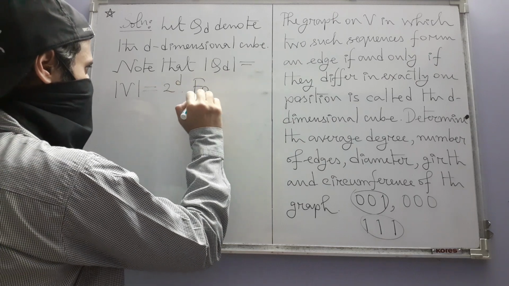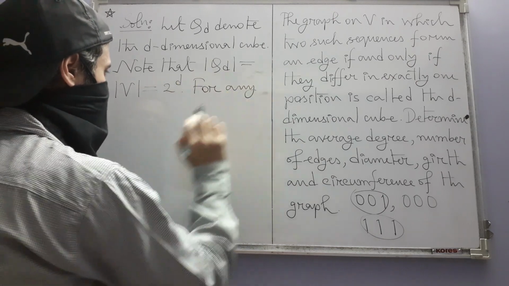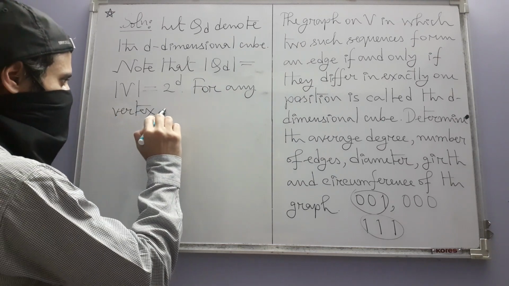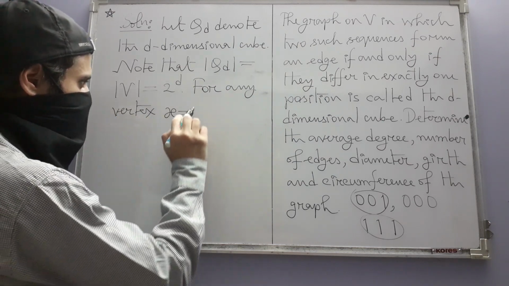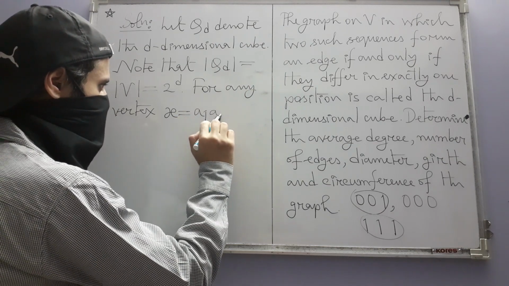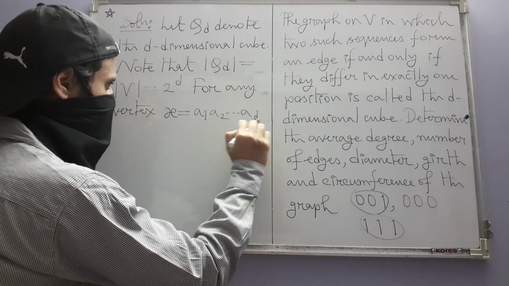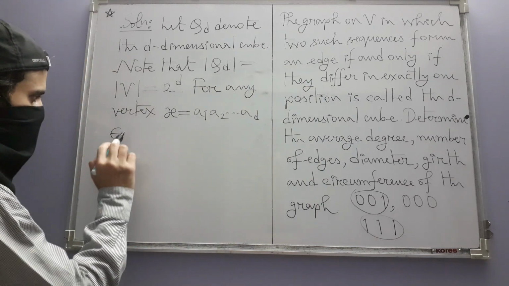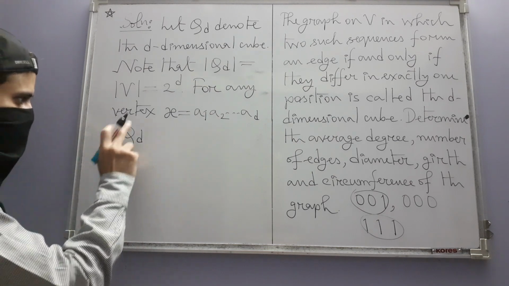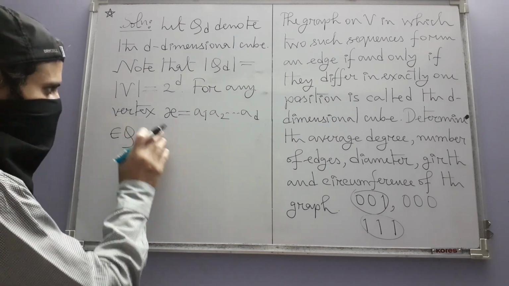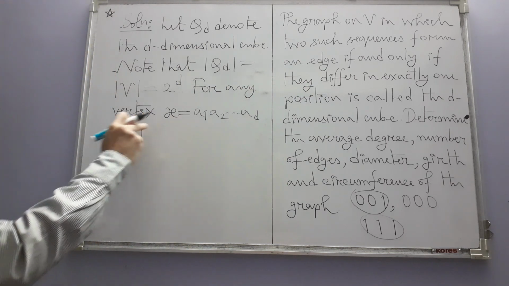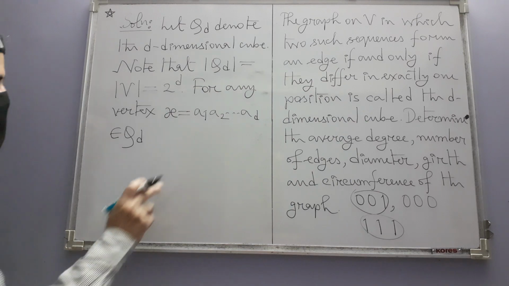For any vertex x equal to a1, a2, up to ad in Qd, not writing explicitly in V of Qd, because this kind of abuse of notation we are allowed to do. Okay, it just simply means that x is a vertex in the graph Qd.